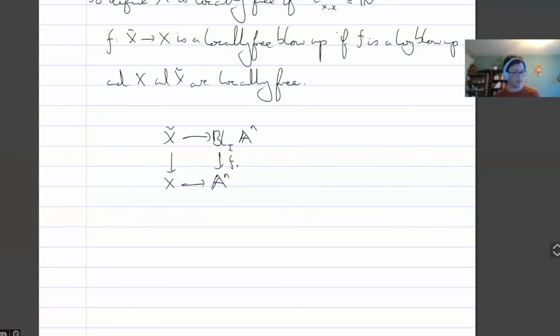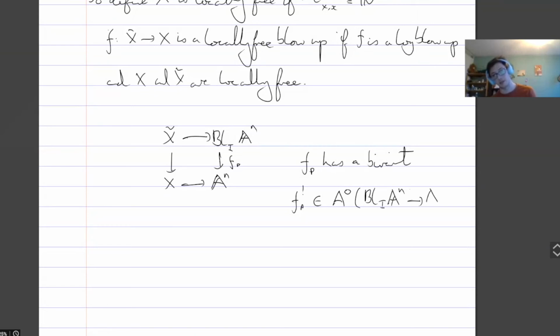I'm going to call this map f_P. So f_P has a sort of canonical bivariant class, which is the Gysin map, which is just pullback f_P upper shriek, and it's contained inside the relative degree 0 part of this bivariant theory.